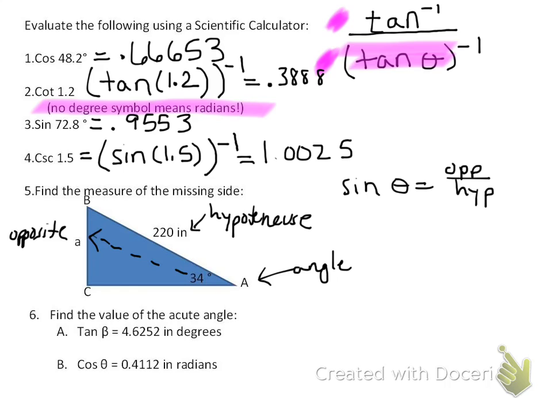So now let's plug in what we have. We have our theta, it's 34 degrees. So the sine of 34 degrees equals my opposite value, well that's my variable A, over my hypotenuse, which is 220 inches.